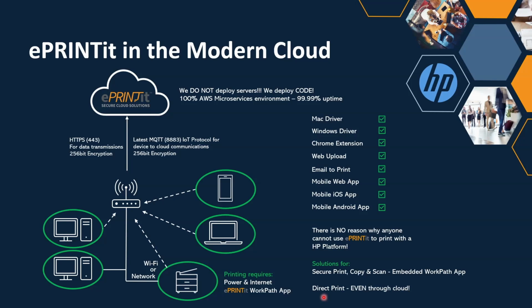They still want to be able to hit print and they want a piece of paper to come out of that machine directly. Well, with ePRINTit, we do that in modern cloud methodology without any local infrastructure, without any local client to client or device to device communication lines being required, and even through mobility as well. So these are a lot of advancements that we're doing in ePRINTit.